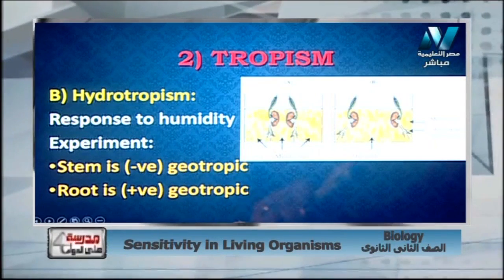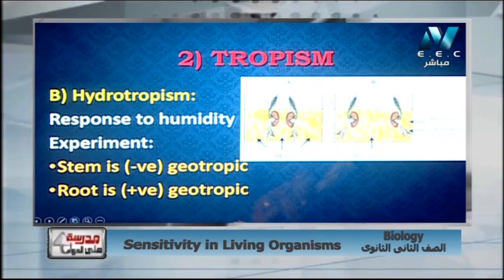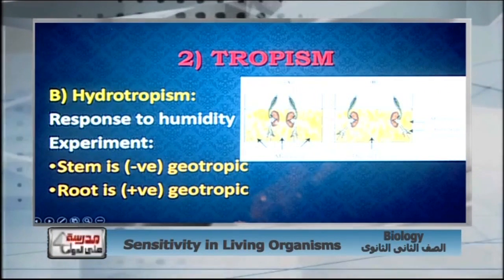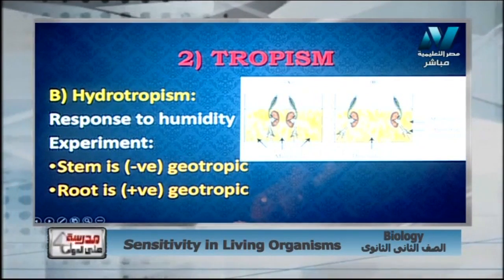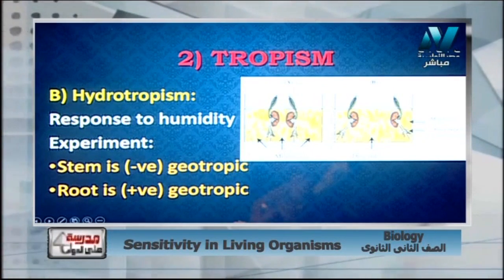So water is everywhere, and by growing the seeds, the root grows vertically downward, and the stem grows vertically upward without any curvature.